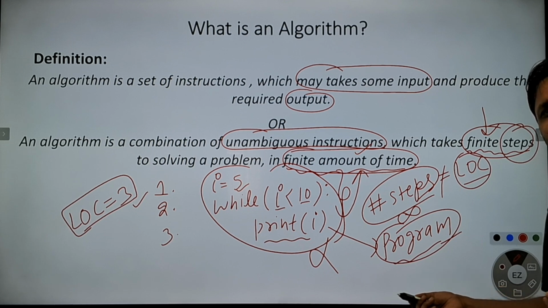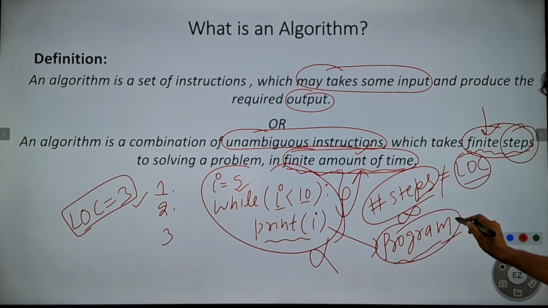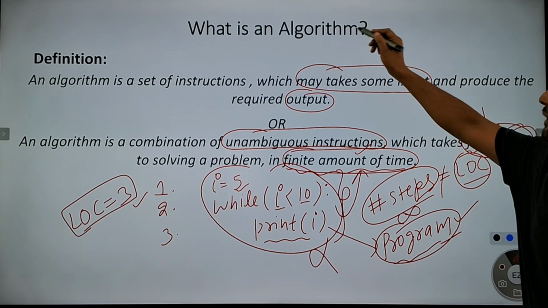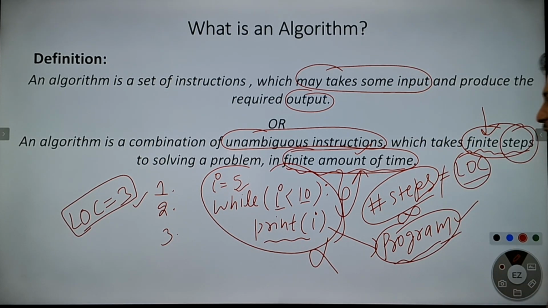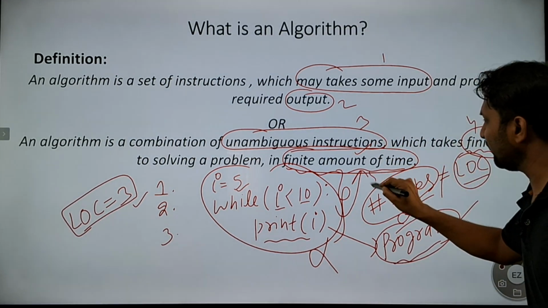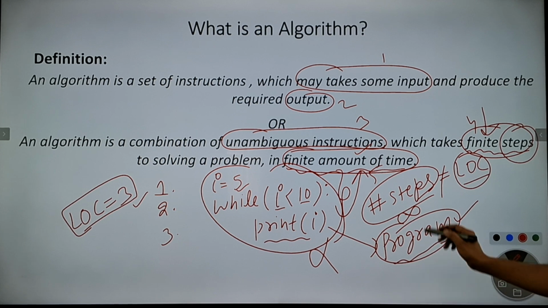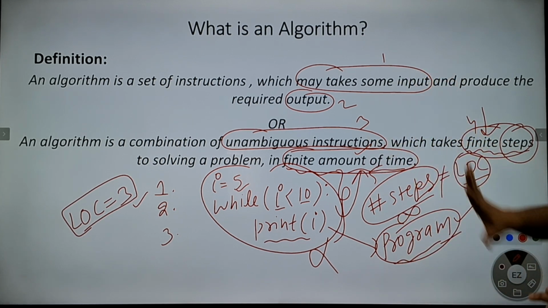You must be writing them in some language like Python, Java, whatever. So this is another difference between program and algorithm. In this slide we discussed the 5 important, even 6 important properties of the algorithm. The sixth one is that algorithms are language independent and programs are language dependent. So we covered the different properties of the algorithm.